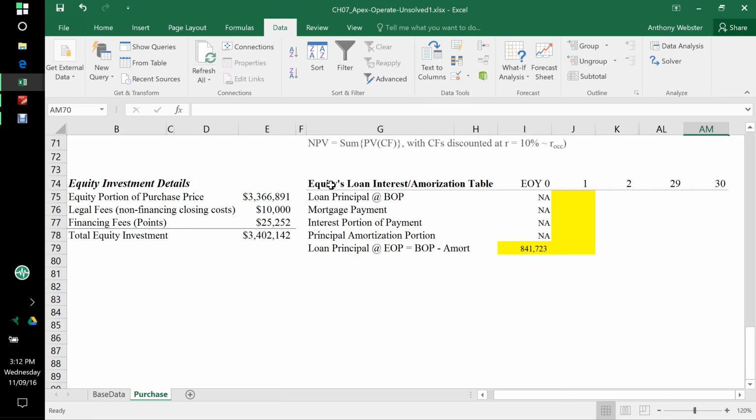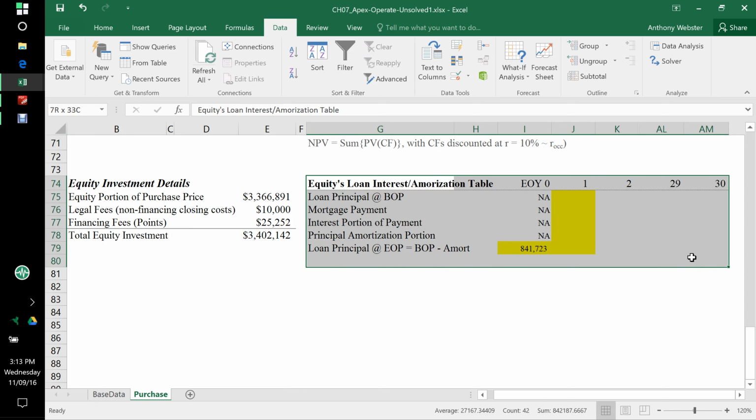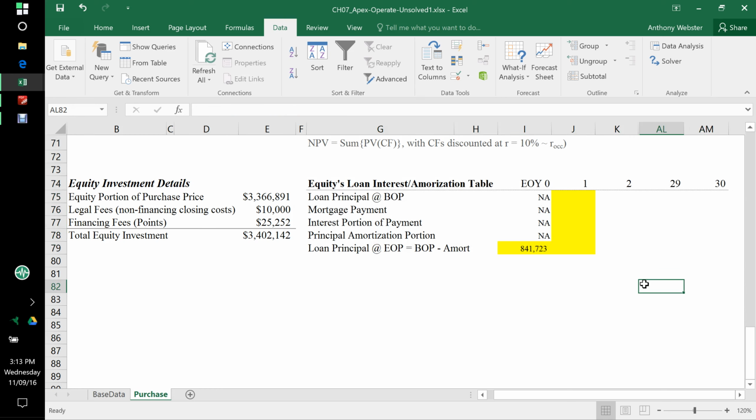And also at this time, we're going to need this for operating the property to compute taxes and also to help us when we're selling the property. This is the time to put together our roll forward loan interest / amortization table.